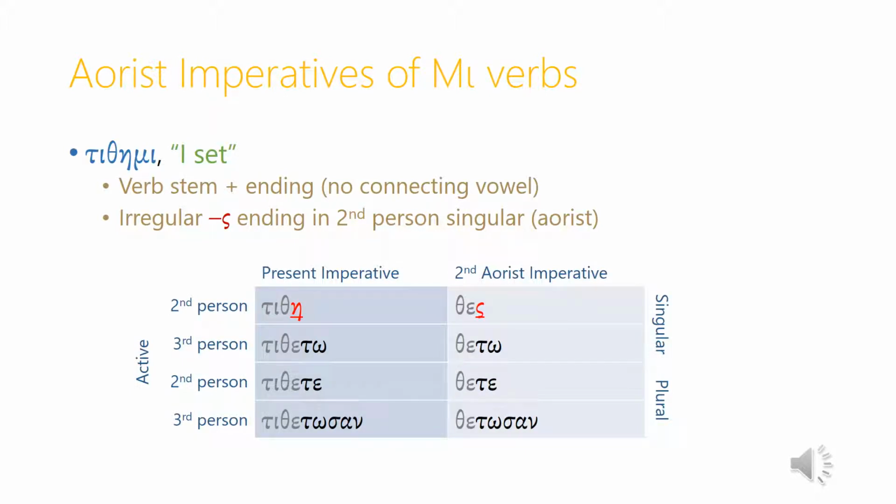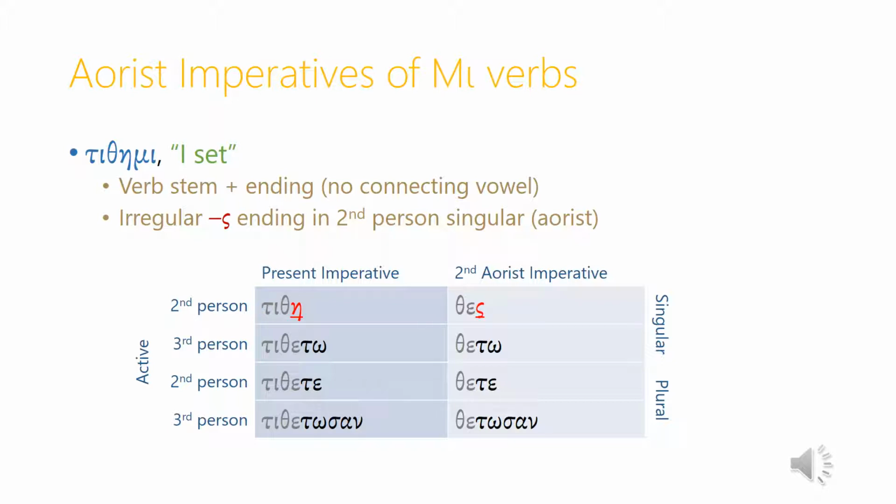Another of these irregular aorist imperatives with the mi verbs comes with tithemi, I set. Again, we just have the verb stem plus the endings with no connecting vowel, because the real stem of the verb ends in an epsilon this time, ends in a vowel again. And in the second person singular, we have to remember that there's this irregular sigma ending.